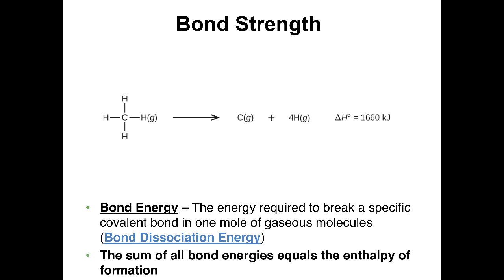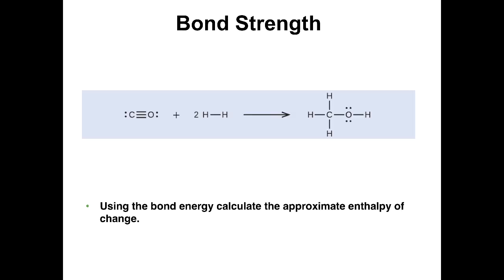The total here, the sum of all these bond energies, actually equals the enthalpy of formation, which we talked about a few weeks ago. Now, if I give you the bond energy for each of these bonds, you can calculate from that bond energy the approximate enthalpy change.